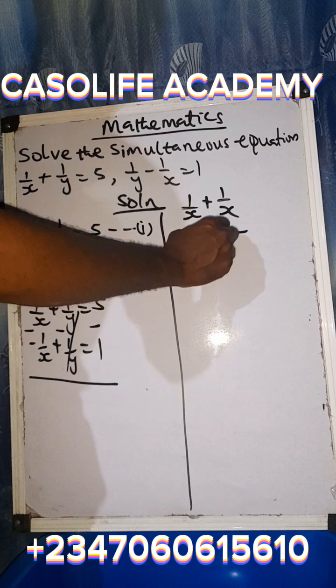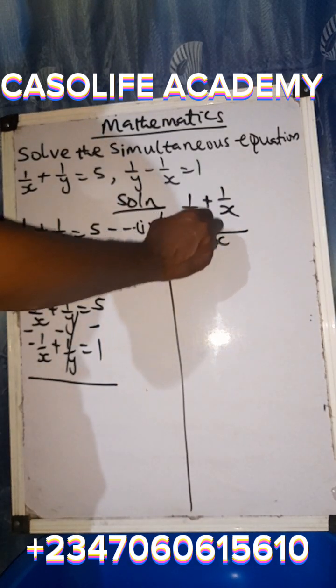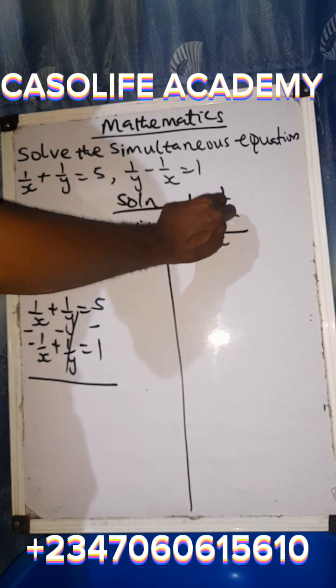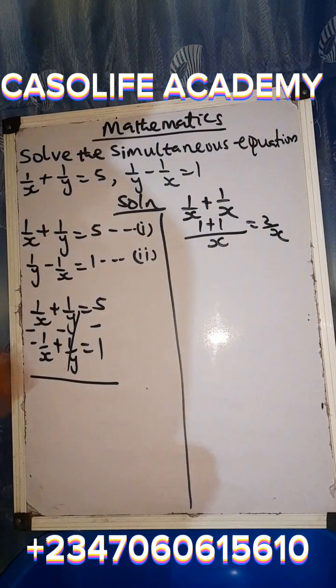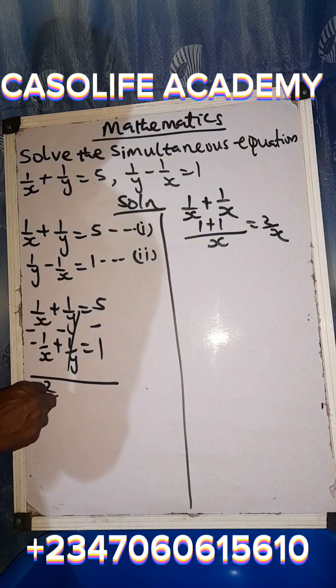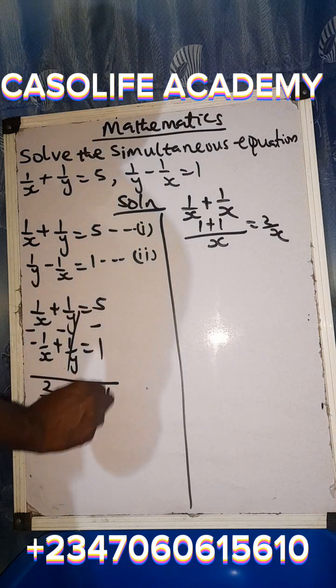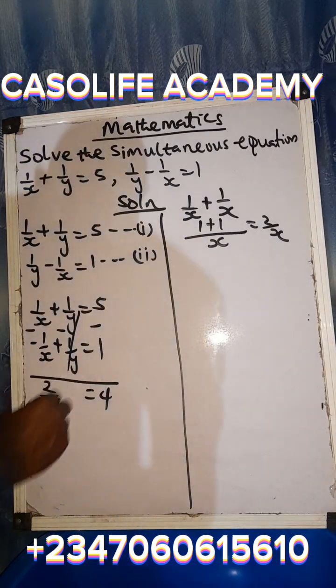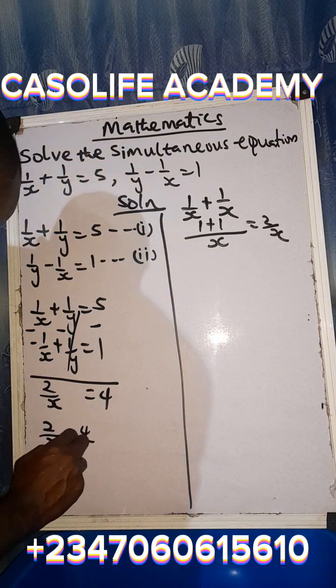The LCM is x, so we have 2 over x. On the right, 5 minus 1 becomes 4. So we now have 2 over x equals 4 over 1.